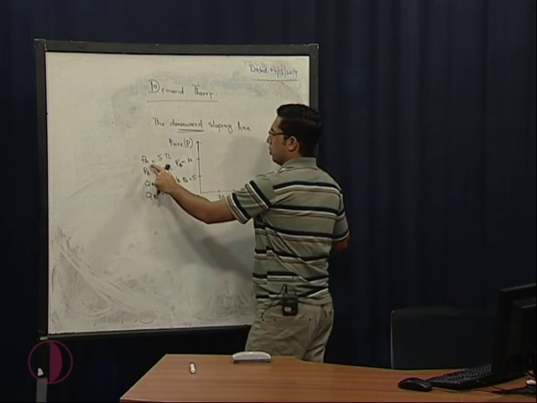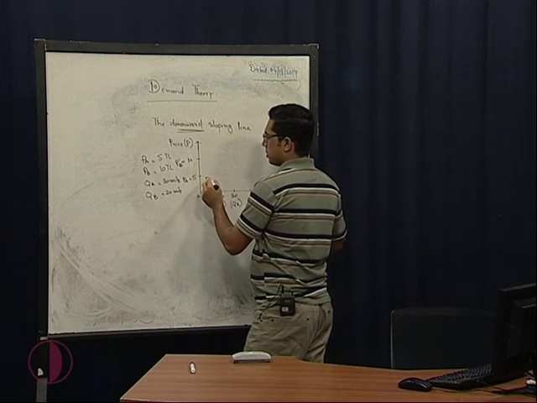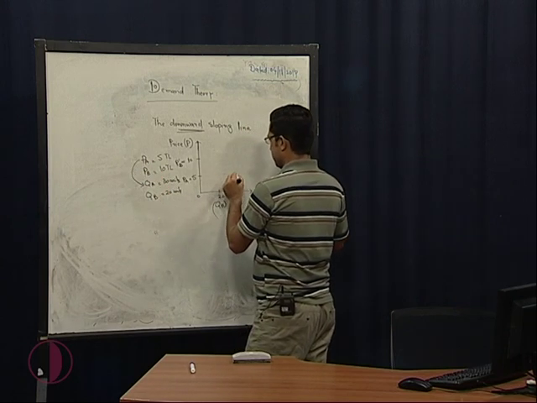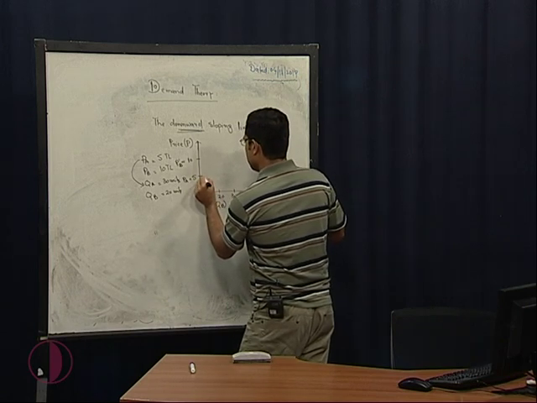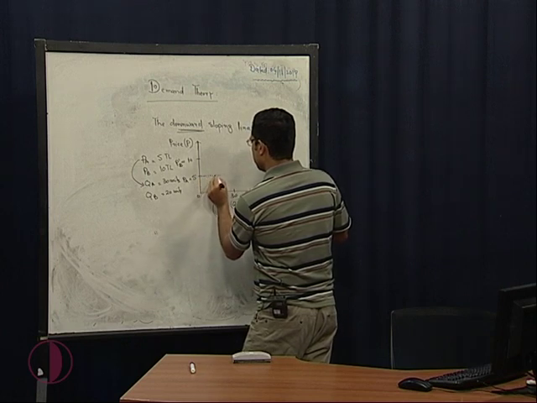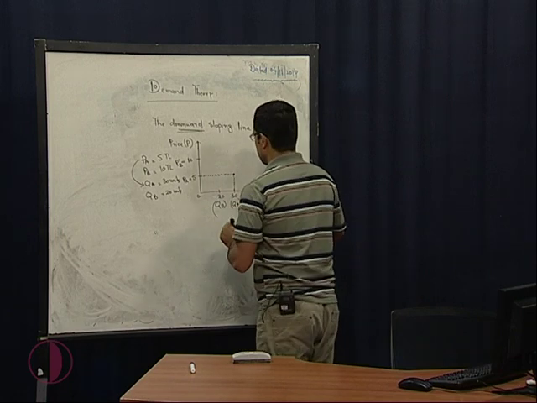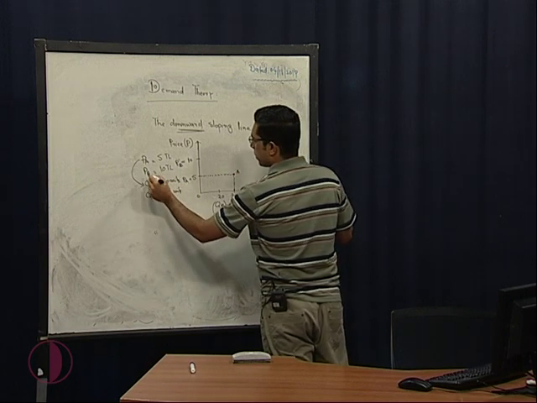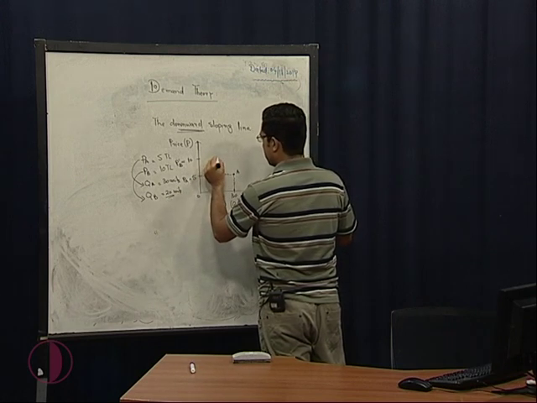So when the price was 5 Turkish lira, the quantity demanded was 30 units. We can draw the line with dotted lines. Let me call it point A. When the price was 10, quantity demanded was 20.